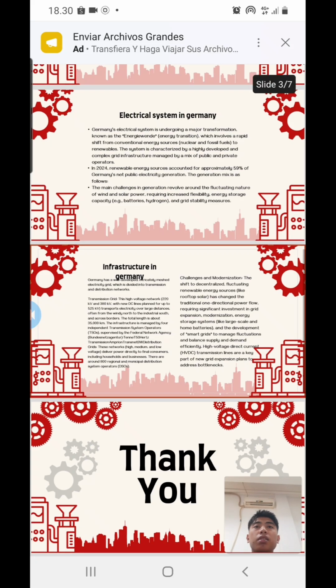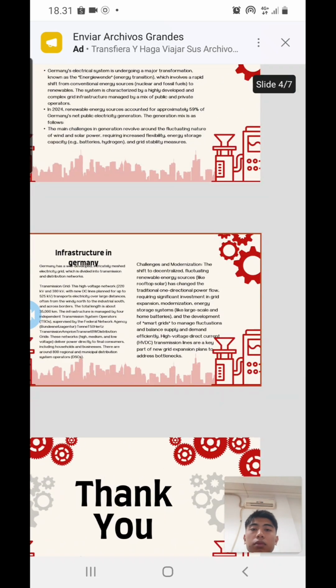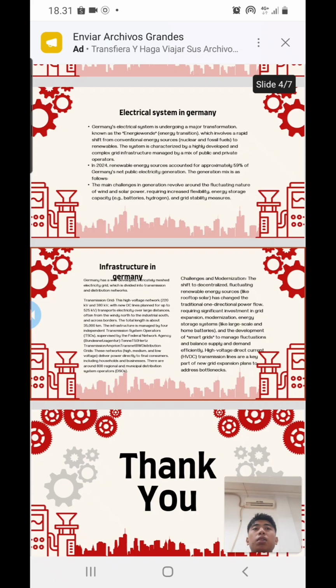The system is characterized by a highly developed and complex grid infrastructure managed by a mix of public and private operators. In 2024, renewable energy sources accounted for approximately 59% of Germany's net public electricity generation.